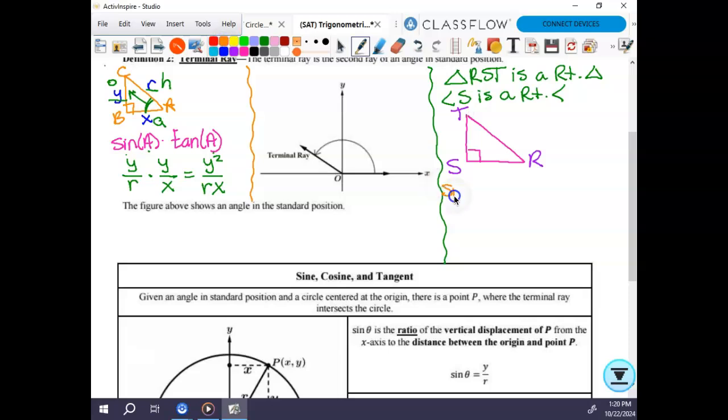We're going to find the sine of R, the cosine of R, and the tangent of R. Then we're going to find the sine of T, the cosine of T, and the tangent of T, and only label once. I'll tell you what I mean when we get there.